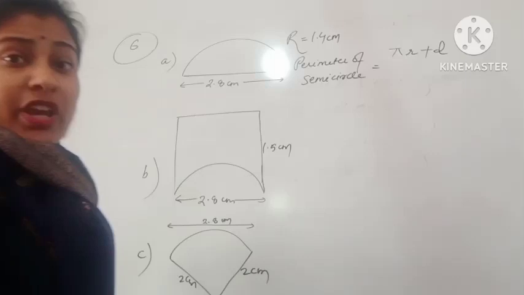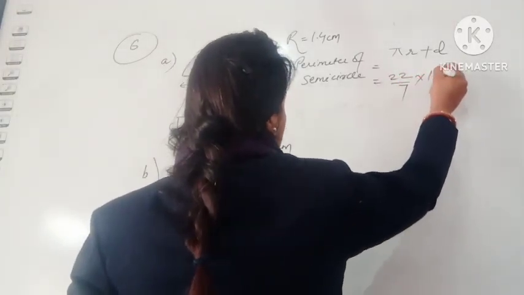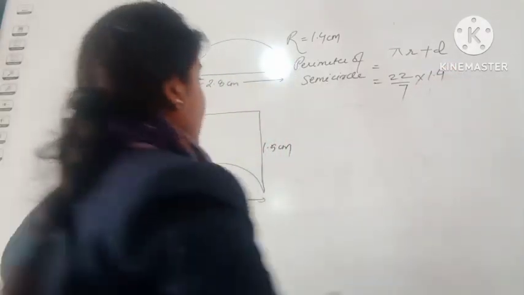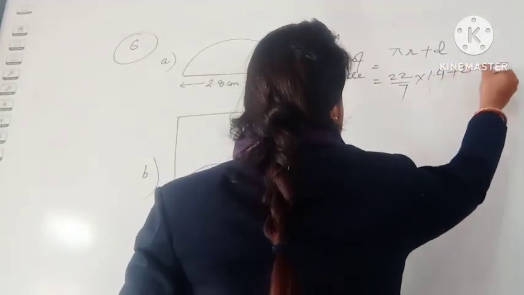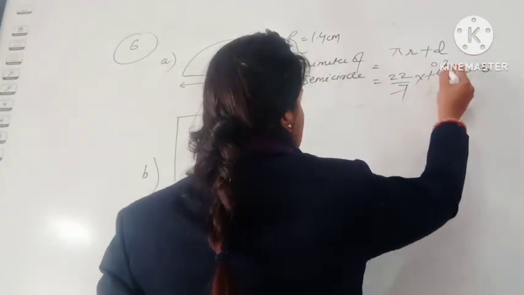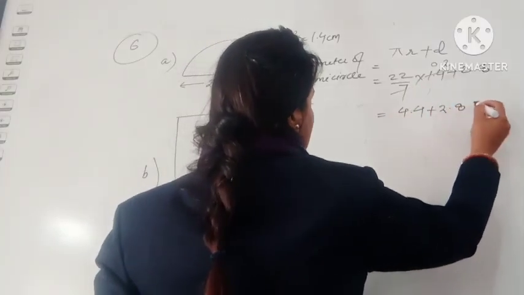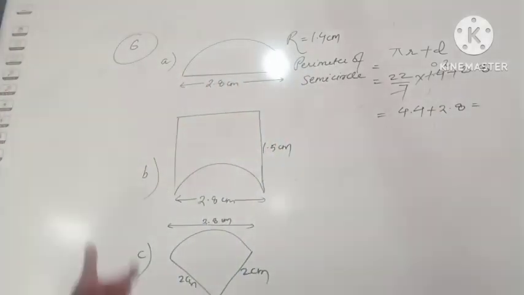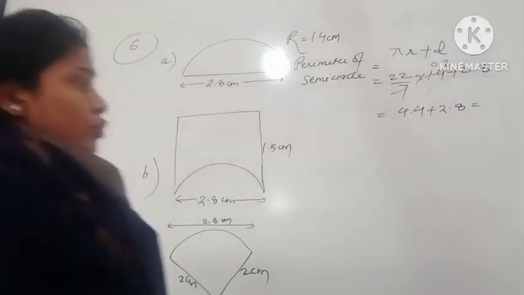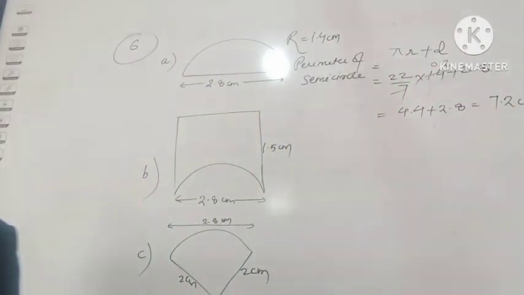We know that the value of pi is 22 by 7, r is 1.4 and d here is 2.8. If I cancel, we will get 4.4 plus 2.8, which will be equal to 7.2 centimeter. So this is the distance travelled by the ant through the semicircle.